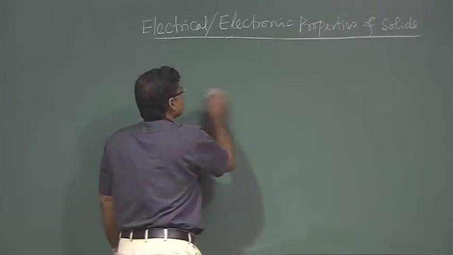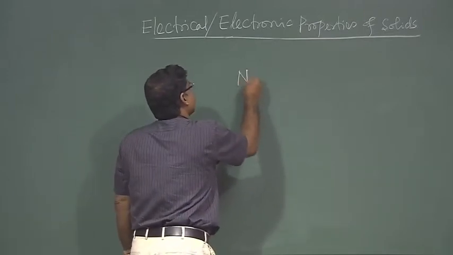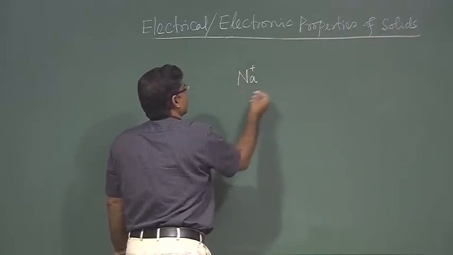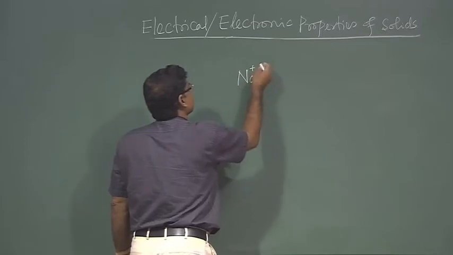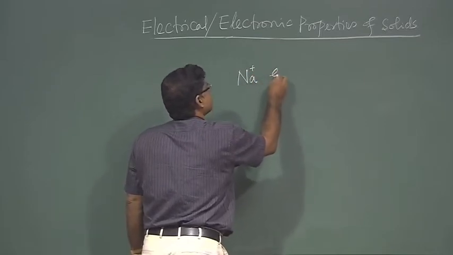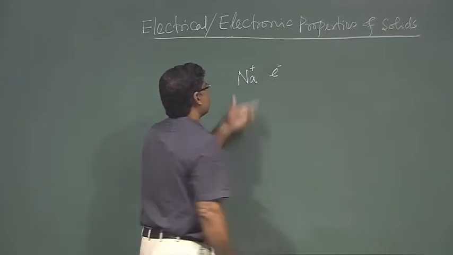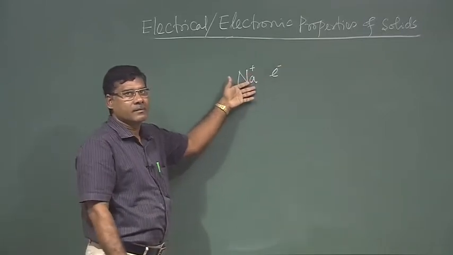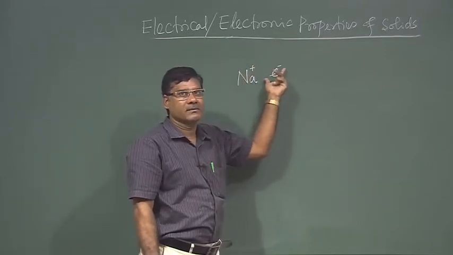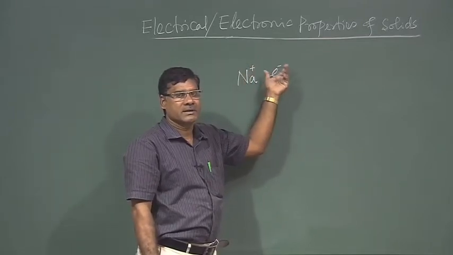In case of sodium we have seen that it is sodium ion, Na+, and one electron.